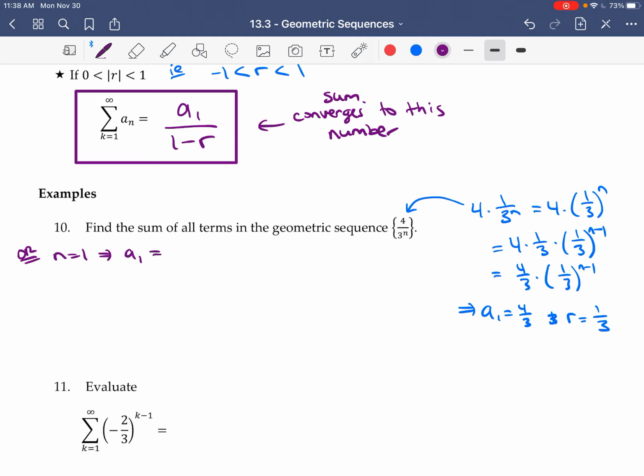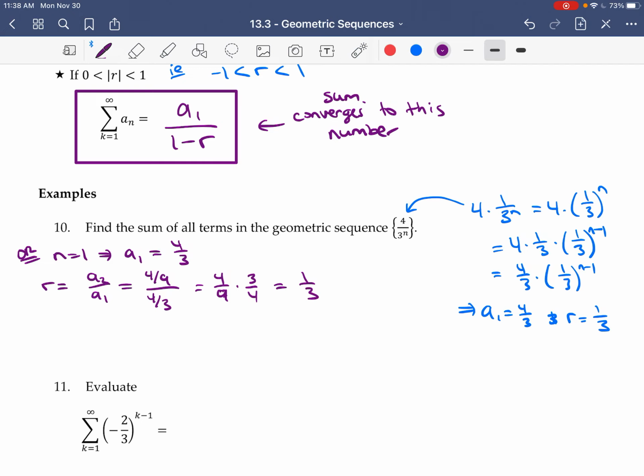So a1 is 4/3, and then r is a2 over a1, and a2 is 4 over 9. Then I would flip the bottom one and multiply, and you get 1/3. Either way, it doesn't matter. You can rewrite it this fancy way and see what a1 and r are, or you can just compute it this way.